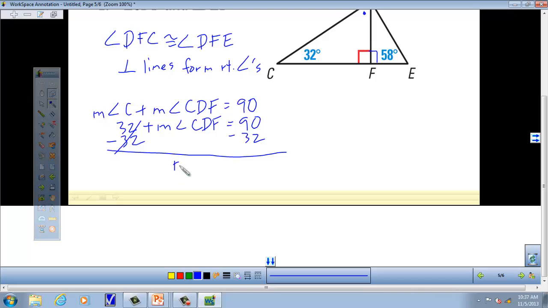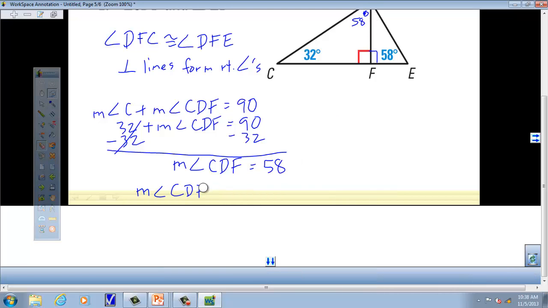The measure of angle CDF is equal to 58. And now we know that since this is 58 degrees up here, the measure of angle CDF is equal to the measure of angle E on the other one.